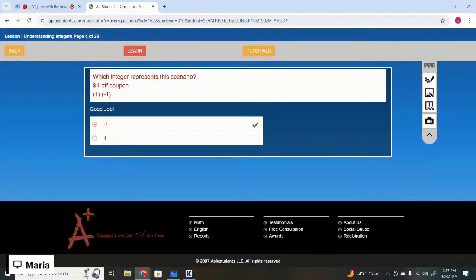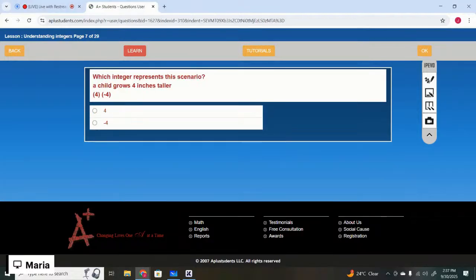Option number 1 is the correct option. Which integer represents the scenario a child grows 4 inches taller? Option number 1 is the correct option. 4 it is.